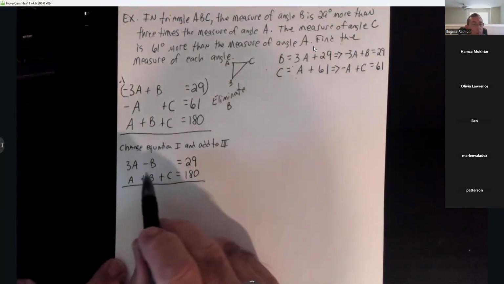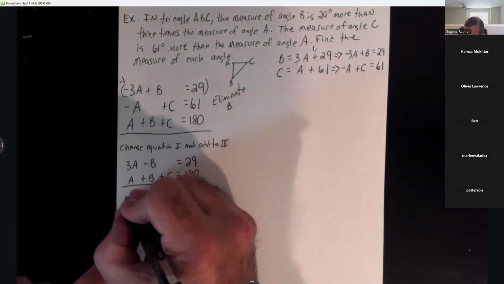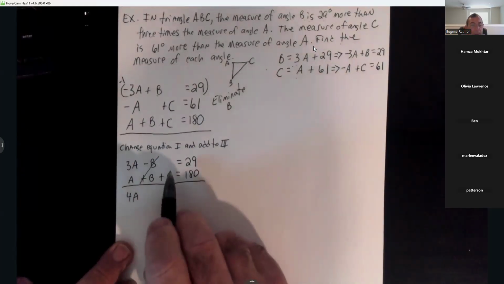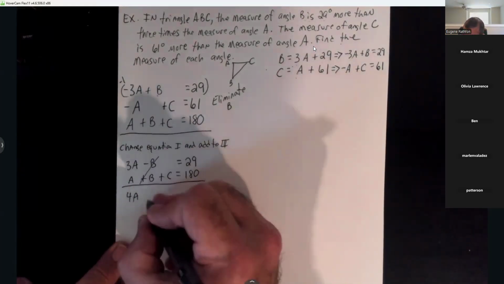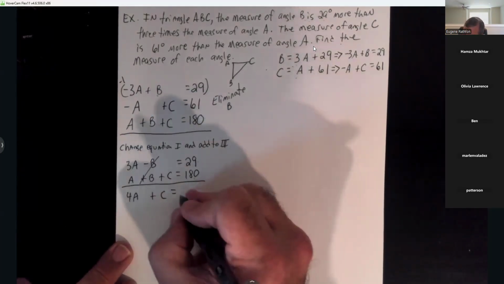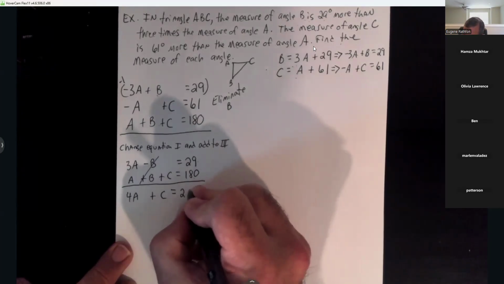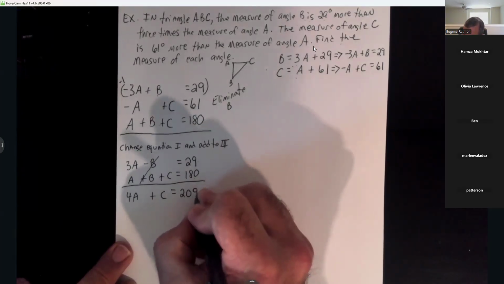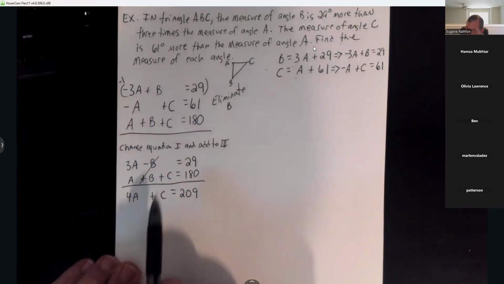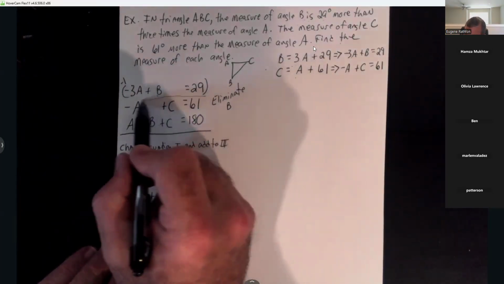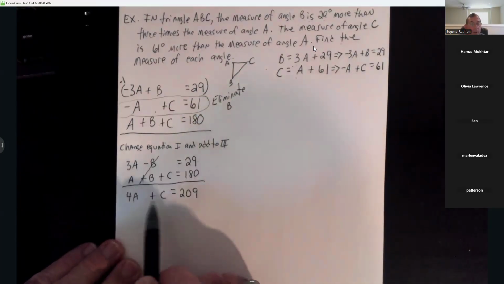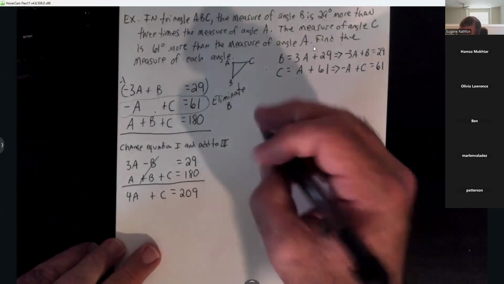All right, let's add them and get what we got. 3 and 1 is 4A. The B's canceled. 0 and 1C leaves me 1C. And then 180 and 29 gives me what? 209. But y'all look, the row I didn't use doesn't even have a B, so it automatically becomes our second equation.